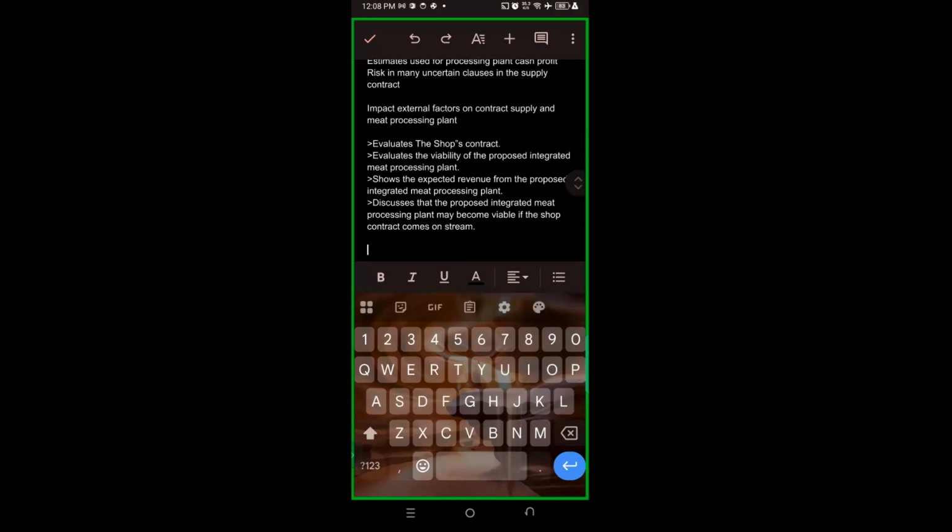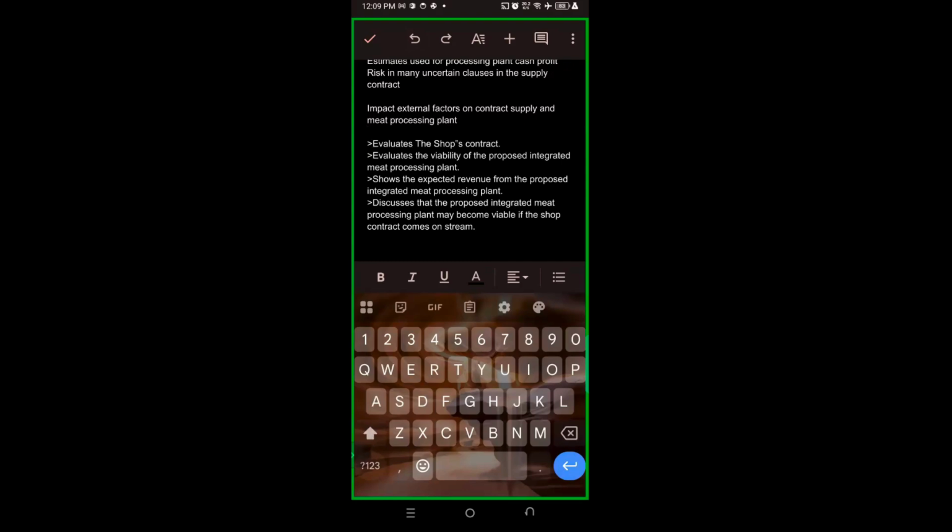So let me push them. So evaluate the D-Shop's contract, evaluate the viability of the proposed integrated meat processing plant. Show the expected revenue from the proposed integrated meat processing plant. Discuss the proposed integrated meat processing plant and whether it will become viable if.